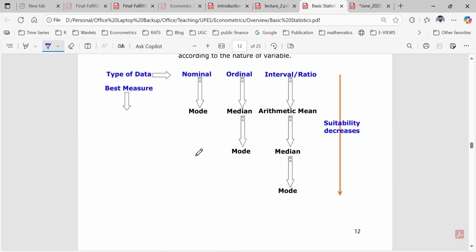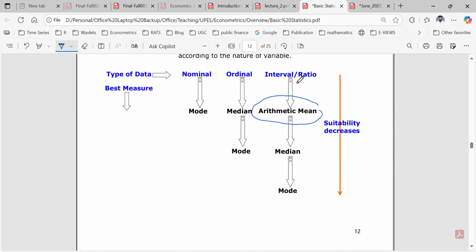So arithmetic mean is more appropriate for which type of data? Ratio scale data. Interval and ratio scale variables and quantitative data. Because I told you this interval and ratio scale, they are part of quantitative data, isn't it? And nominal and ordinal, they are qualitative data or qualitative attributes.